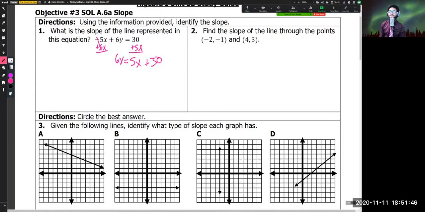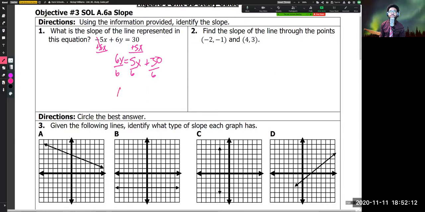A little thing I want you all to start doing is writing that x term first after the equal sign. That way, when you go to solve these, it will be in slope intercept form. You won't have to rearrange any terms and possibly make a mistake doing that. All right, so now we're going to divide 6y by 6, and then each term on the right side by 6.